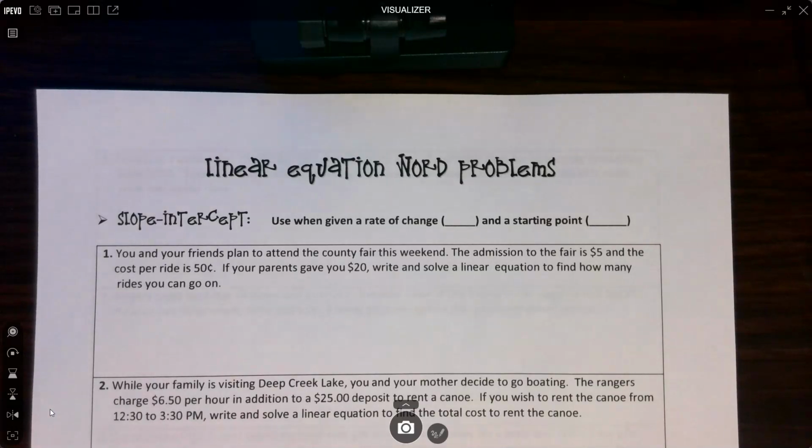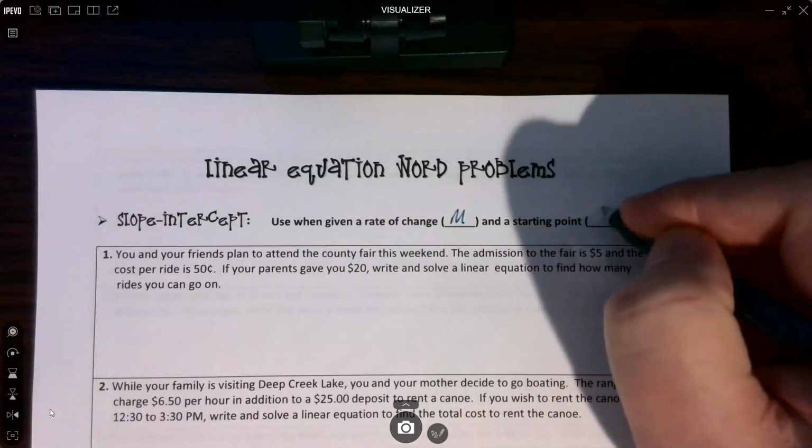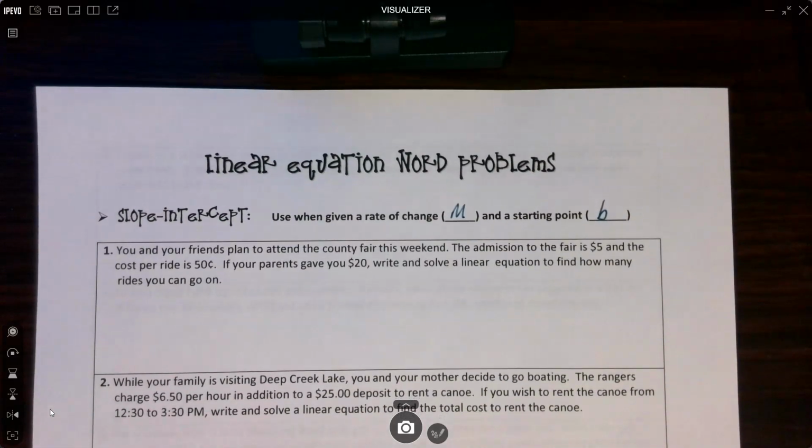All right, so slope-intercept form, we know we're looking for M, and we know we're looking for a starting point, B. Okay, so the idea here is a rate of change means some sort of rates going on: miles per hour, dollars per ticket, that kind of thing, cost per ride in this case. So some things are changing and some things are not.